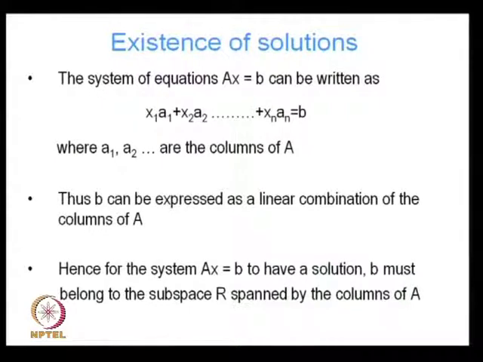So, b is a linear combination of the columns of A, a1, a2 through an. Thus, b must belong to the subspace R which is spanned by the columns of A. So, in this case columns of A are the basis of that subspace, and b is obtained by taking a linear combination of those basis vectors a1, a2 through an after scaling them with the scalars x1, x2 through xn.